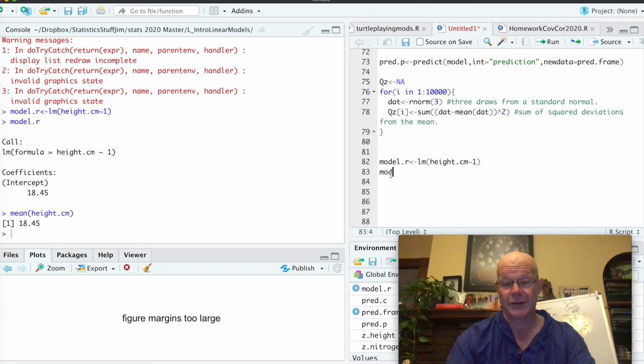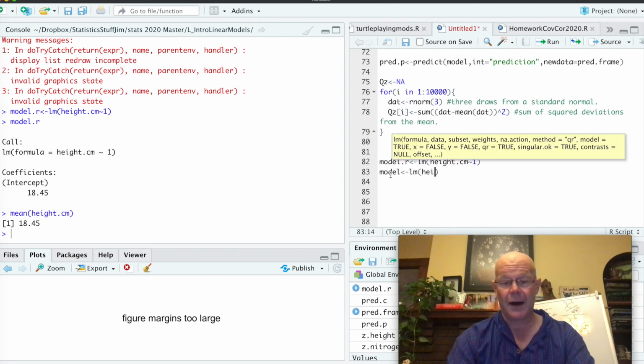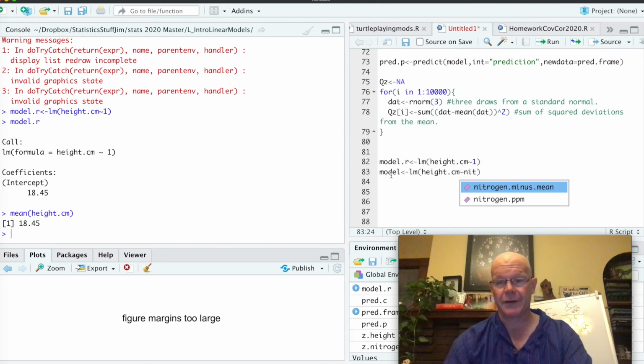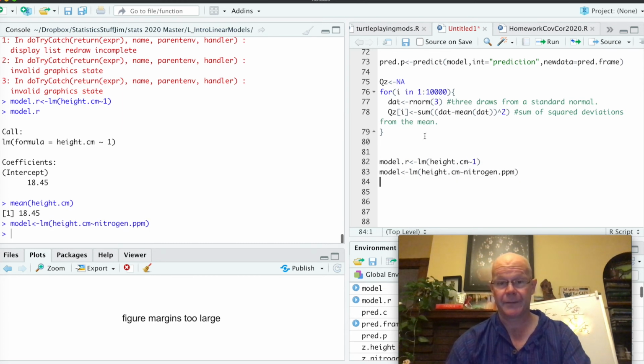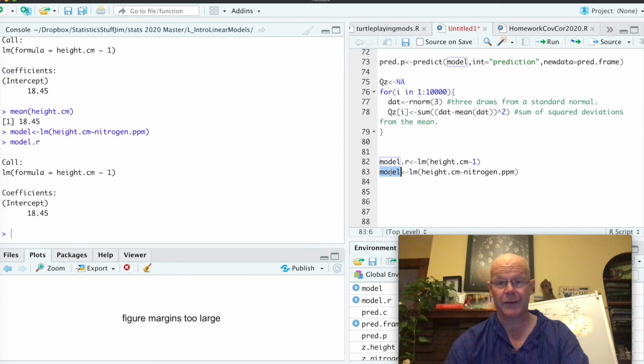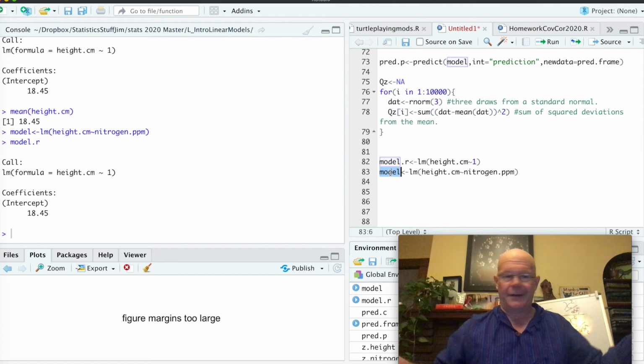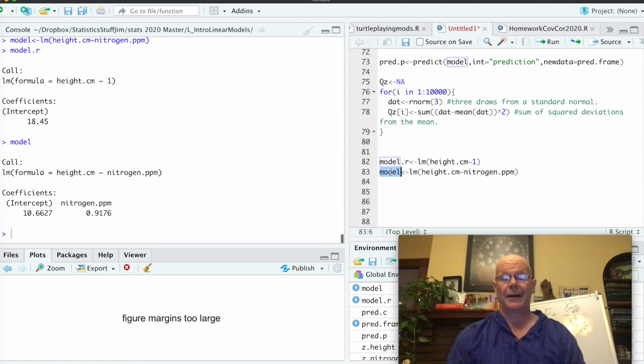Let's go ahead and I'll just retype it. The other alternative is we have a linear model where height is some function of nitrogen in parts per million. So now we have two competing models. We have one model where all we do is estimate the mean, because that's all we can do, and we're going to compare that against a model where we have two parameters. We have a slope and an intercept.